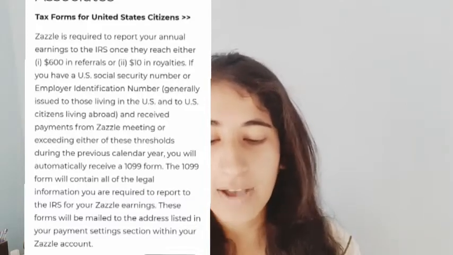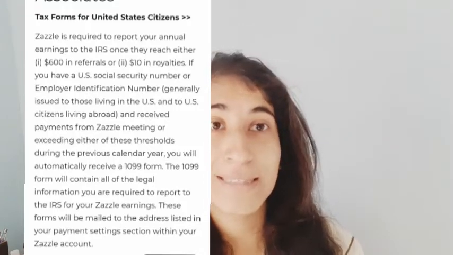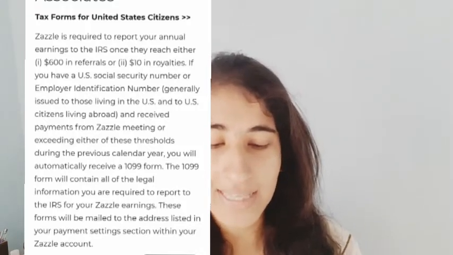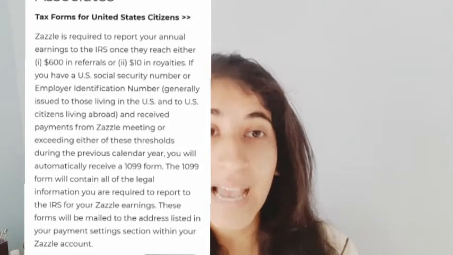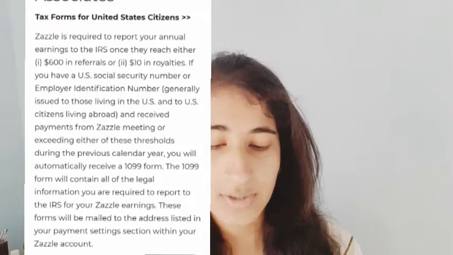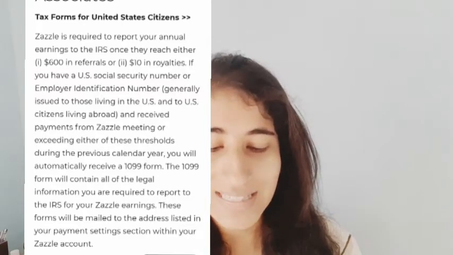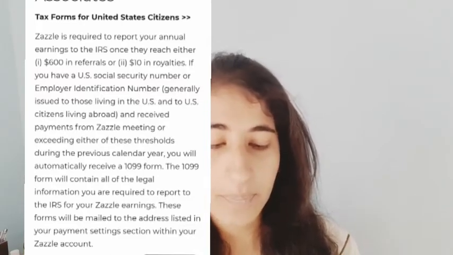If you have a US Social Security number, which I already talked about, that is the SSN, or employer identification number, that is the EIN, generally issued to those living in the United States and to US citizens living abroad, and receive payments from Zazzle meeting or exceeding either of these thresholds during the previous calendar year, you will automatically receive a 1099 form.